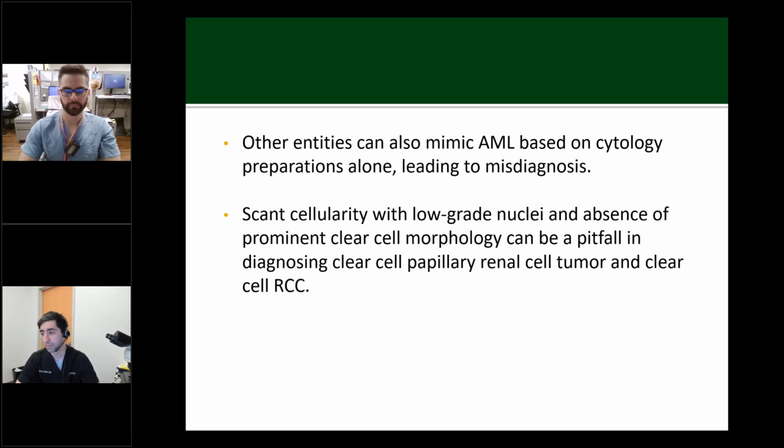Conversely, angiomyolipoma mimicking other entities can also be mimicked by other entities, especially based on cytology preparations alone. Three cases that were favored to be angiomyolipoma at ROSE had different final diagnoses. The scant cellularity with low-grade nuclei and absence of prominent clear cell morphology can be a pitfall in diagnosing clear cell papillary renal cell tumor and clear cell renal cell tumor.